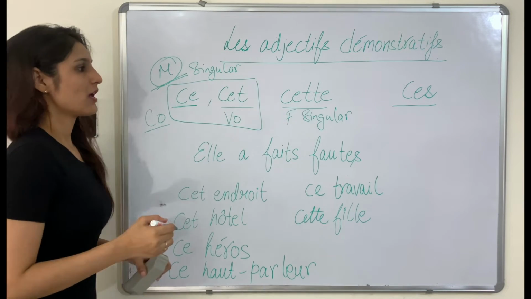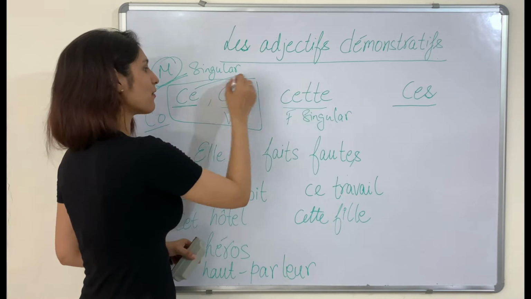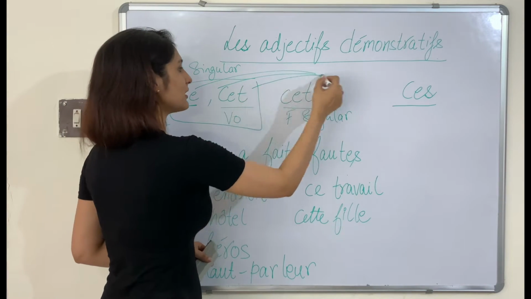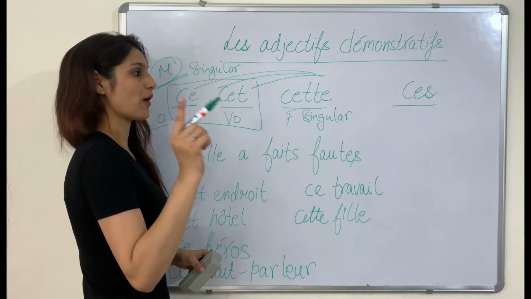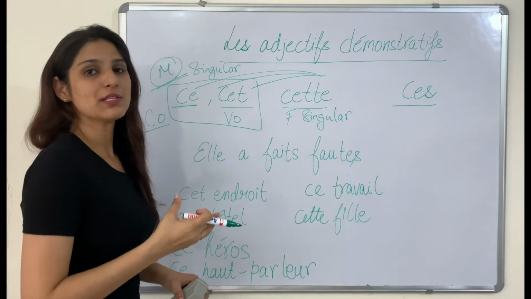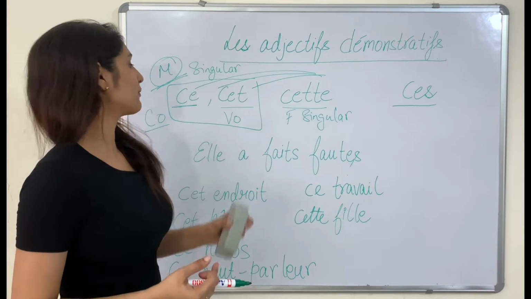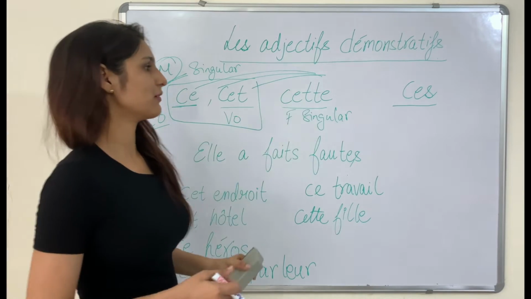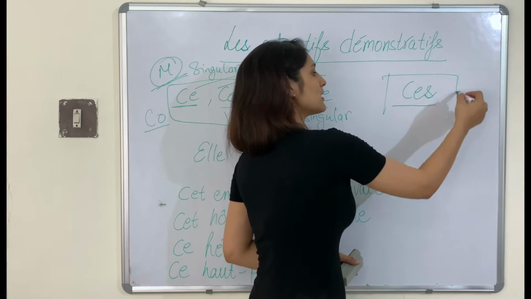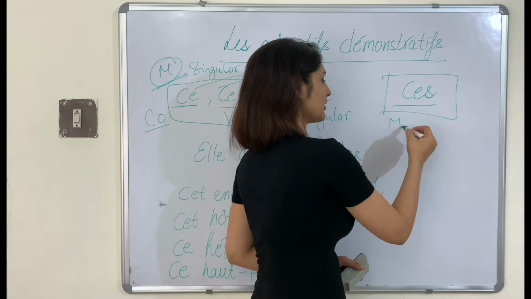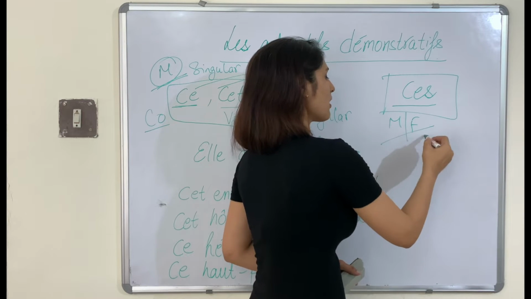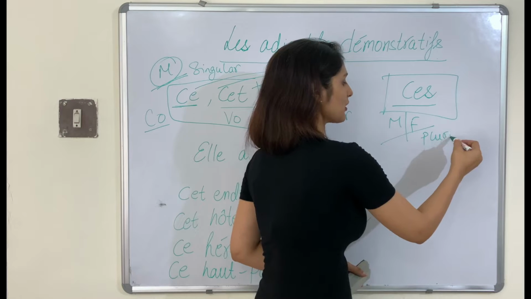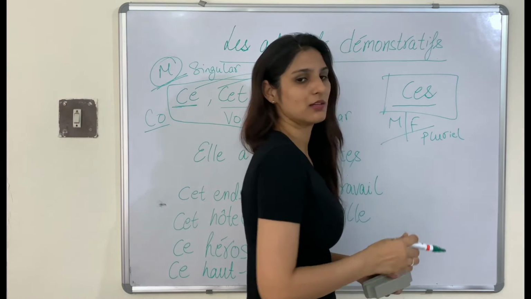Now for plural of all these three words, we have only one word, whether it is a masculine or a feminine word. For masculine and for feminine, we use only the word ces. This is the pluriel, or plural.